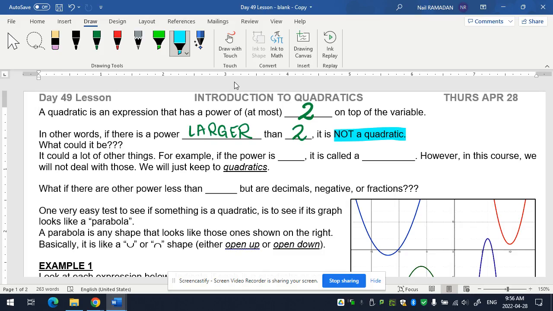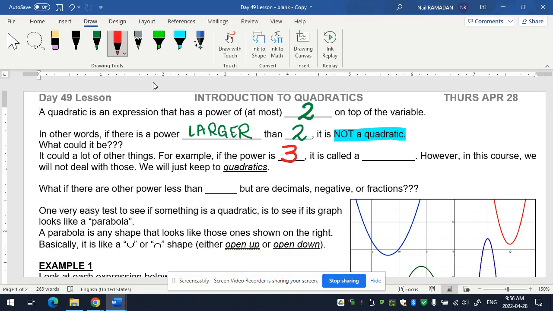If it has a power of 1, it's a straight line, which is a lot of grade 9 and grade 10. If it has a power of 3, what's another name for a box? Starts with a C. Yeah. Because a box is three-dimensional, when it has a power of 3, they call it a cubic.